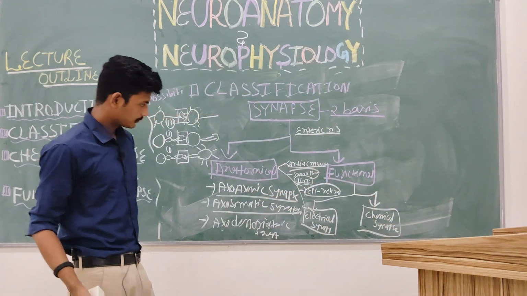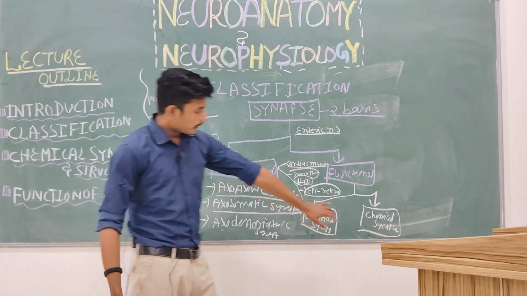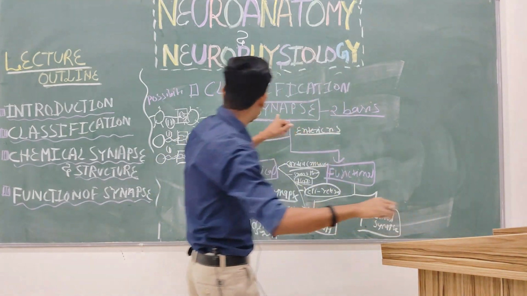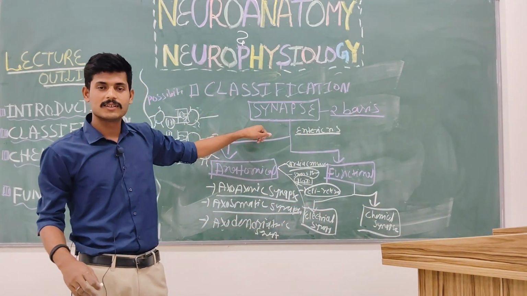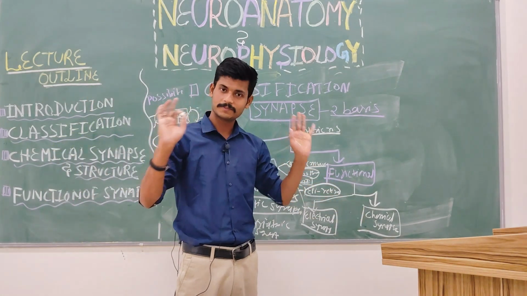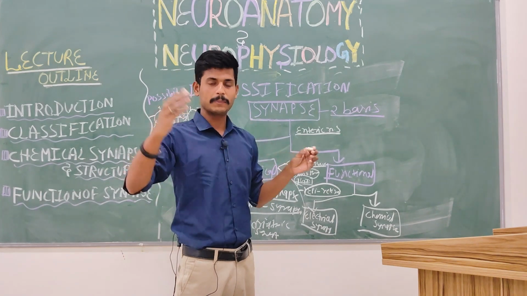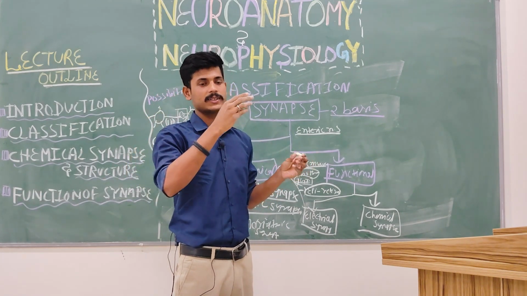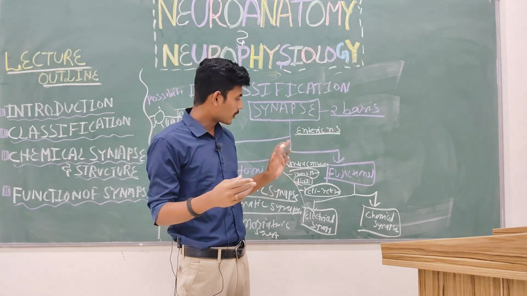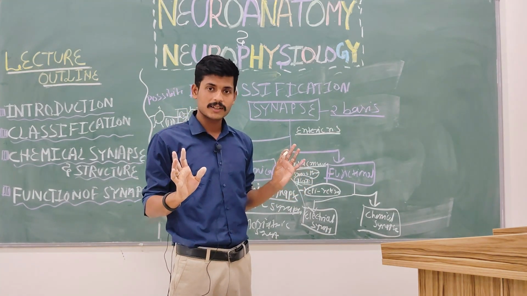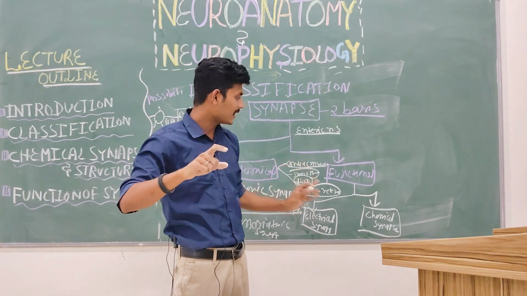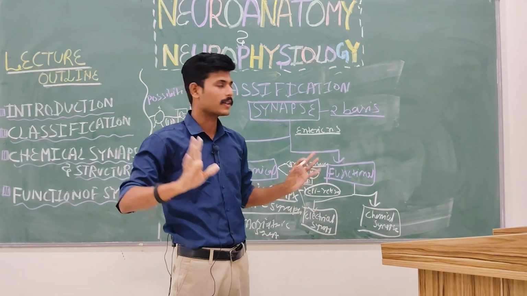Now, generally, if we are talking about the synapse, it means we are talking about the chemical synapse. Whenever you go through research papers or textbooks and see the word synapse, the idea that should immediately come to your mind is that they are talking about the chemical synapse.